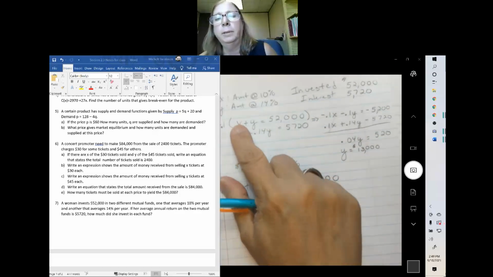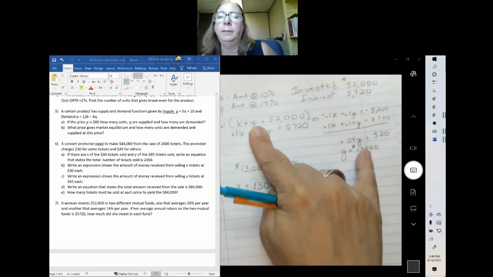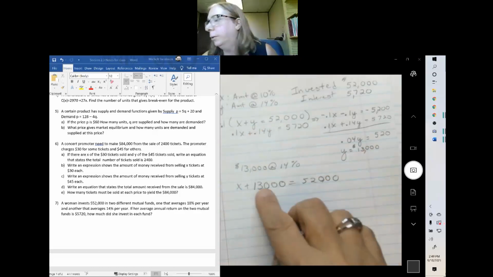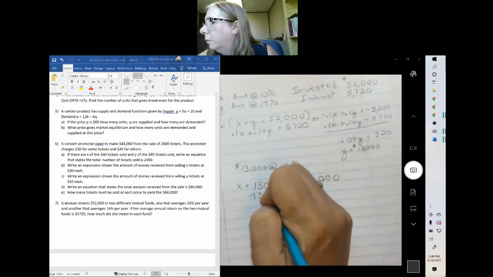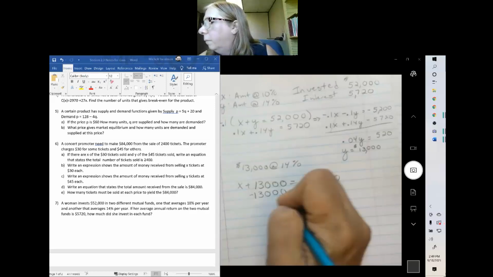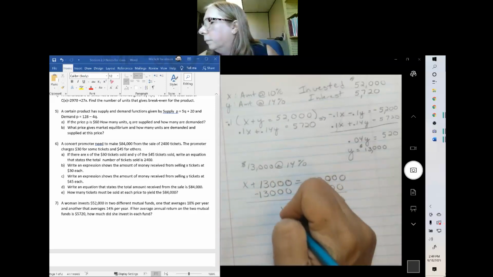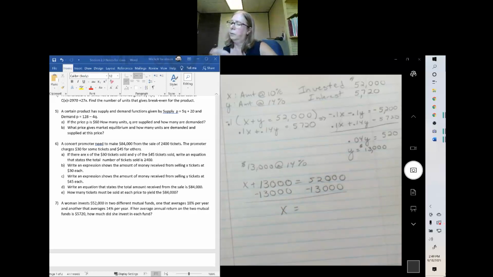So I used the first one, x plus the 13,000, which is our y, equals 52,000, and then just subtract the 13 over. I think it's easier using this one, definitely quicker. $39.